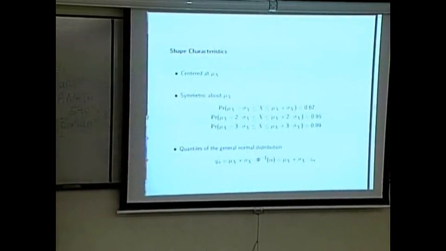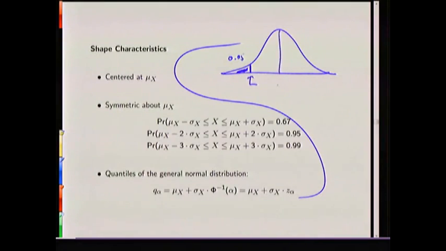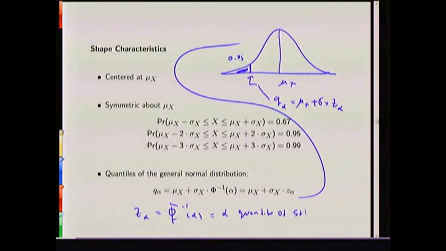So what this result tells us is that if you want to look at some particular probability value here, say if this is 0.05, and this is mu of x here, the quantile function q of alpha is equal to the mean plus the standard deviation times the quantile function of a standard normal. And z alpha is equal to phi inverse of alpha. So this is the alpha quantile of the standard normal.